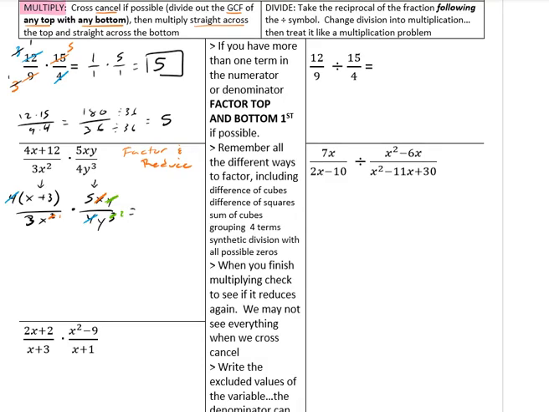And I have an x plus 3, so I'll get 5 times x plus 3. On the bottom, I have a 3, an x, and a y squared, so you get 3xy squared as your final answer. If you can pull out more, you can keep going, but since we don't really know yet, we can't.